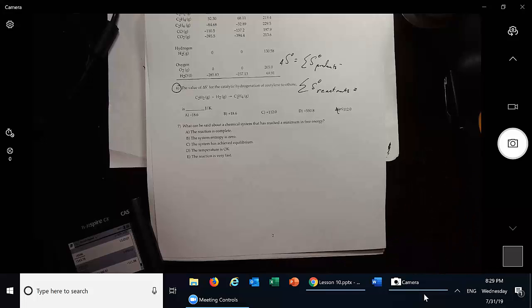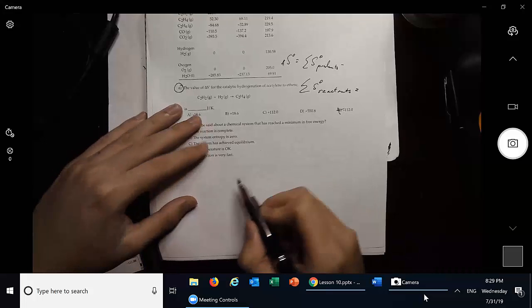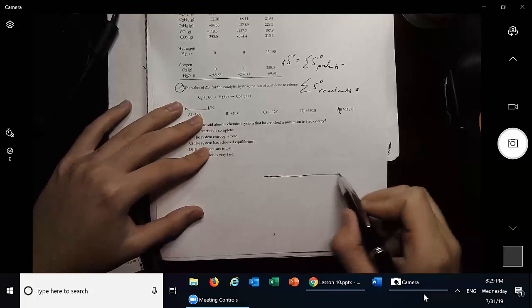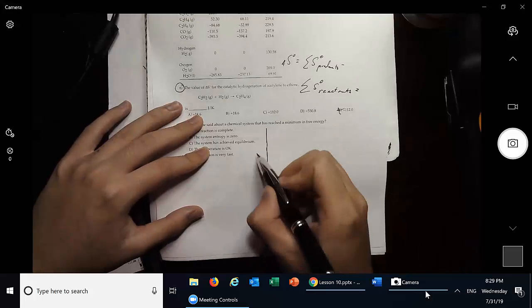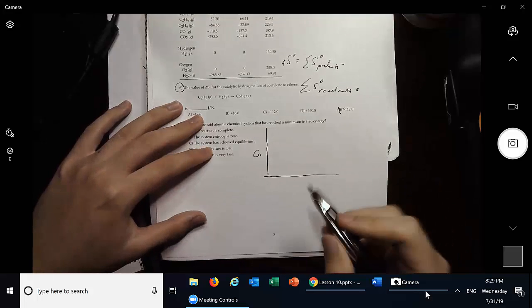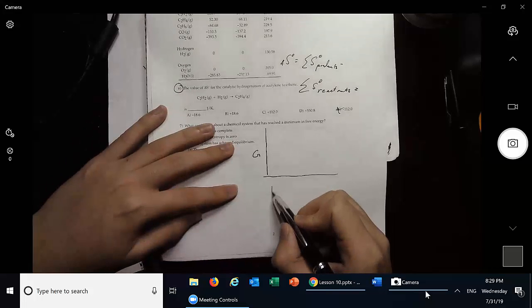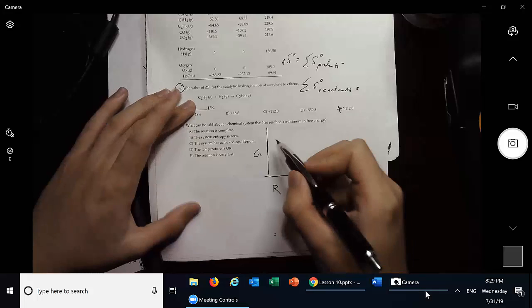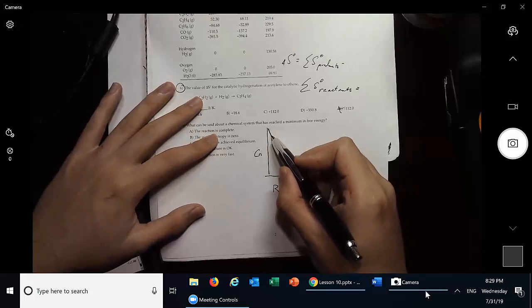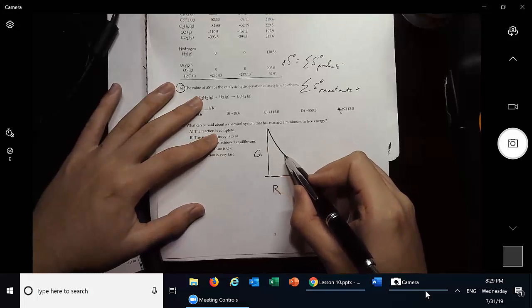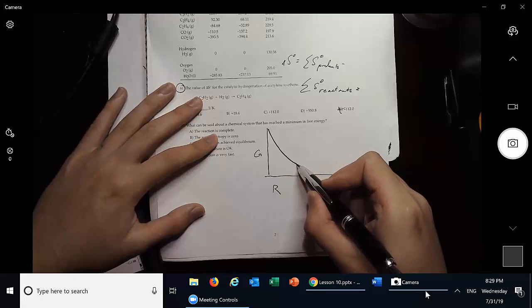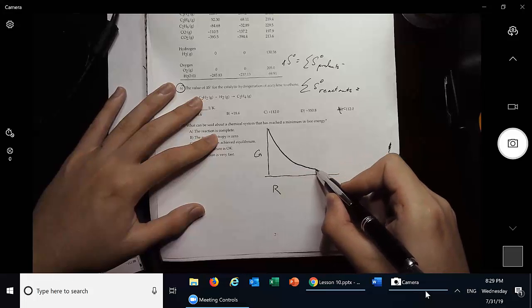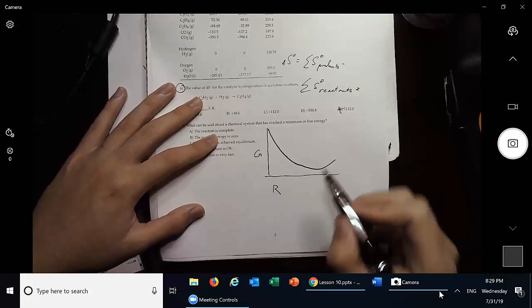A great way to visualize this is actually like this. Here we have free energy. On one side, we have pure reactants, and here we have pure products. As the reaction progresses, the free energy will decrease, but then it will actually increase some amount.